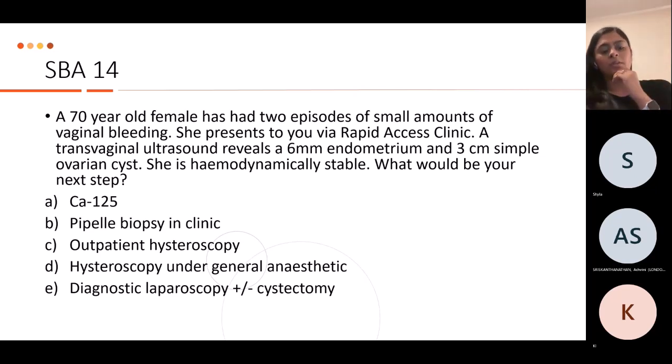You now have a 70-year-old. She's had 2 episodes of PV bleeding. She's come to you via the Rapid Access Clinic. She's had a transvaginal ultrasound, which shows a 6 millimeter endometrium and a 3 centimeter simple ovarian cyst. She is hemodynamically stable.